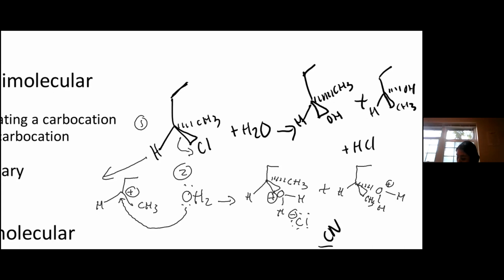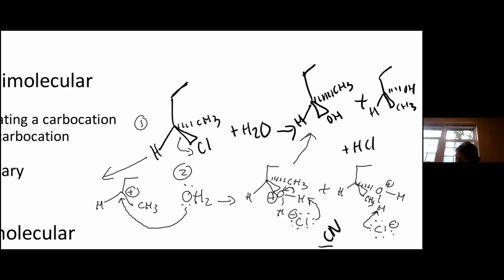Draw those there. I'm going to take that H, and the electrons from that bond are going to go to the oxygen. So in this case, this one's going to become this product right here, where you have an OH and the wedge and the CH3 in the back. And then we can do the same thing to this one right here.